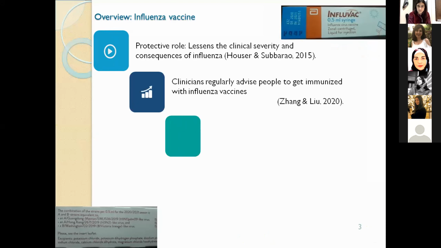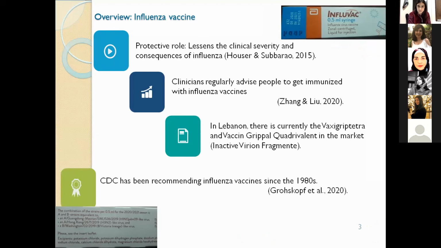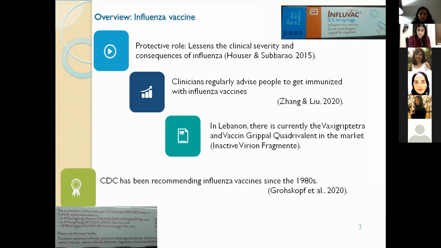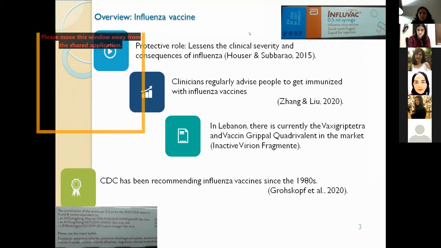So what are the benefits of the influenza vaccine? Well, they play a protective role. Sorry to interrupt, Mahmoud. Is it just from my side that your voice is so low? It's not just from my side, I can't hear well. Can you raise your voice a little bit? I can hear you well, but if you can raise your voice a little bit, yeah.